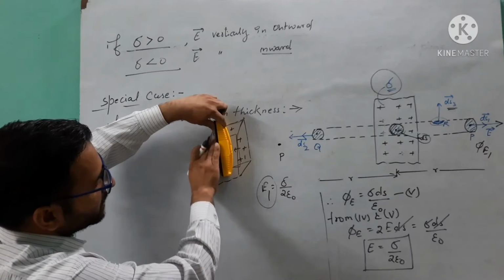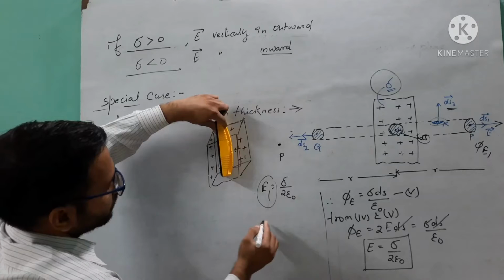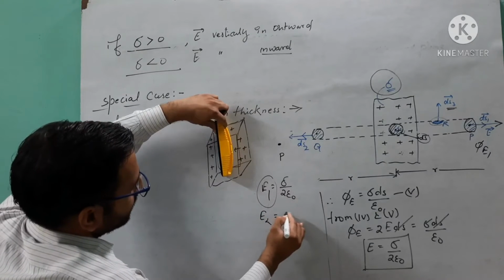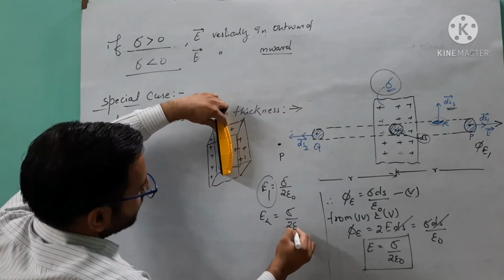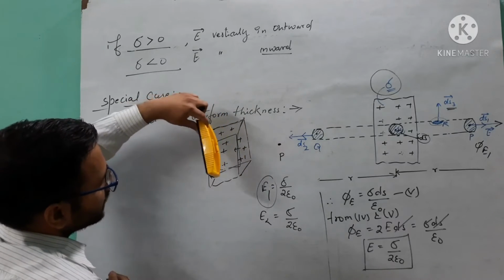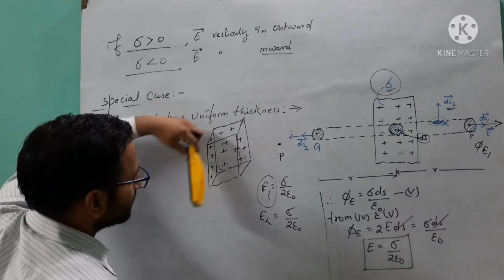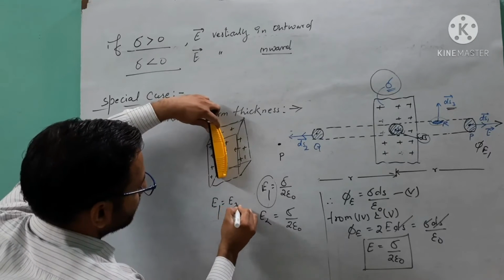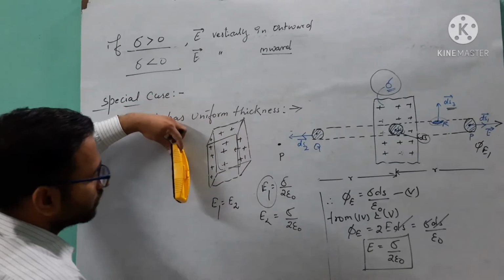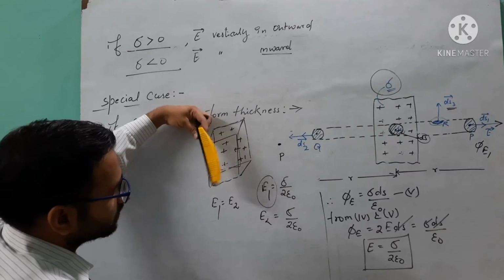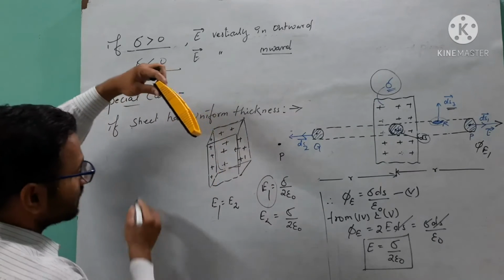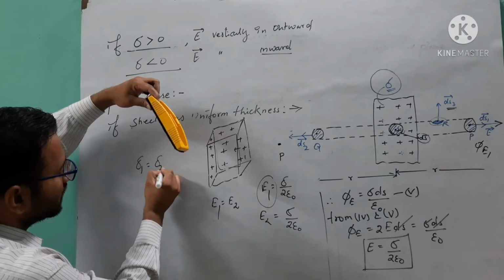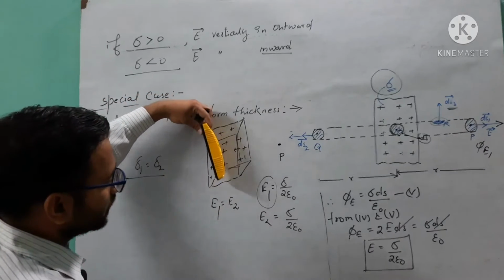Similarly, on the basis of the other face we will calculate another electric field, 2 epsilon naught. As we know it is not dependent on distance, so the values of electric fields E1 and E2 are the same, because both sides have the same surface charge density, sigma 1 equals sigma 2. That's why E1 is equal to E2 here.